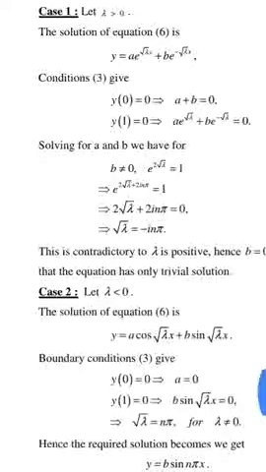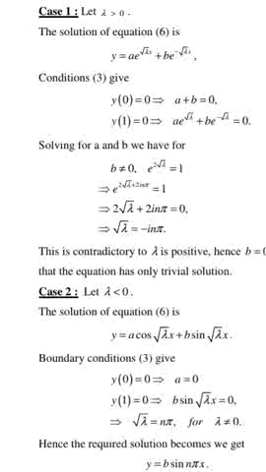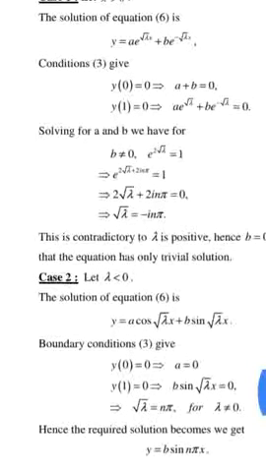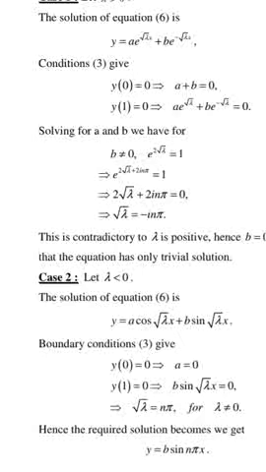So solving for a and b, we get b is not equal to 0, therefore e raised to 2 square root of lambda is equal to 1, therefore e raised to 2 square root of lambda is equal to e raised to 2i n pi, so square root of lambda is equal to i n pi.